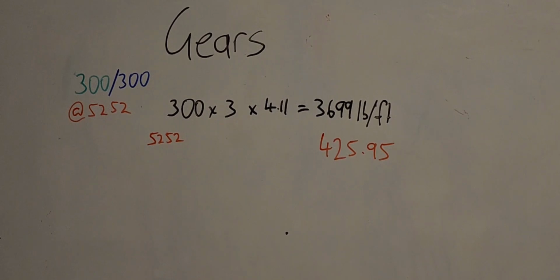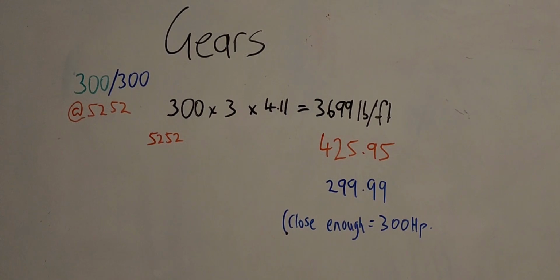Interestingly enough, when you do the calculation for horsepower, it turns out to be 300 horsepower. So all we've demonstrated is what's called the conservation of energy. As we established before, horsepower is an energy reading, so the energy output of the engine when going through the gearbox and through the drivetrain does not change.